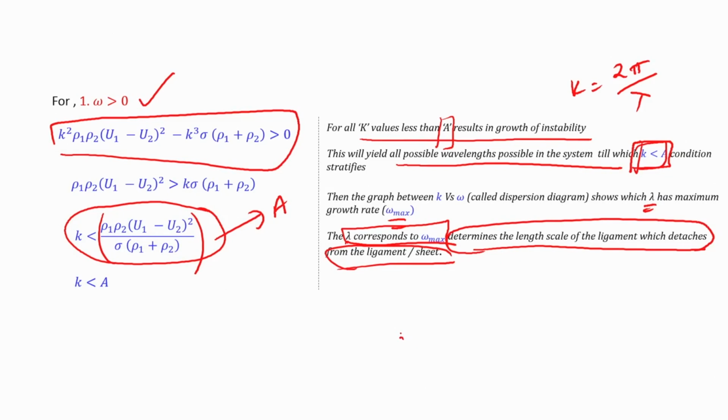So for that sheet that we showed, the length scale of the ligament that actually detaches is determined by the wavelength corresponding to the maximum omega.